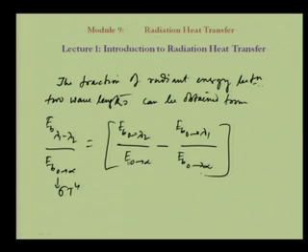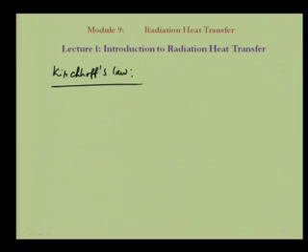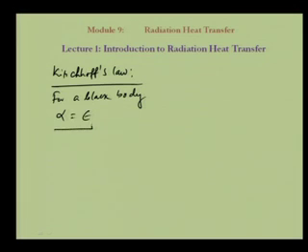Now, the next part left with us is Kirchhoff's law. According to Kirchhoff's law, for a black body, alpha is equal to epsilon, so emissivity is equal to absorptivity. Now, this can be proved like this.